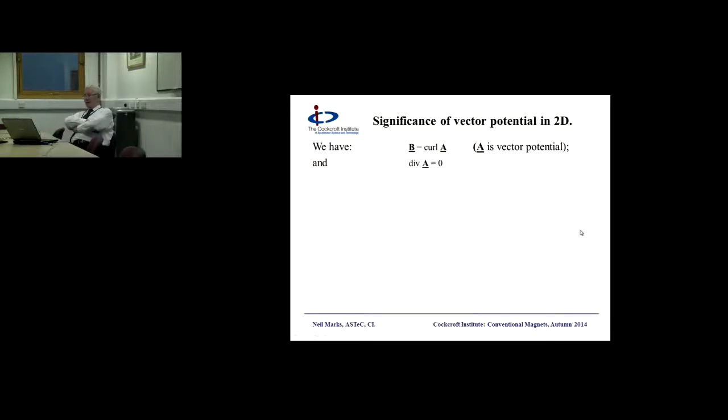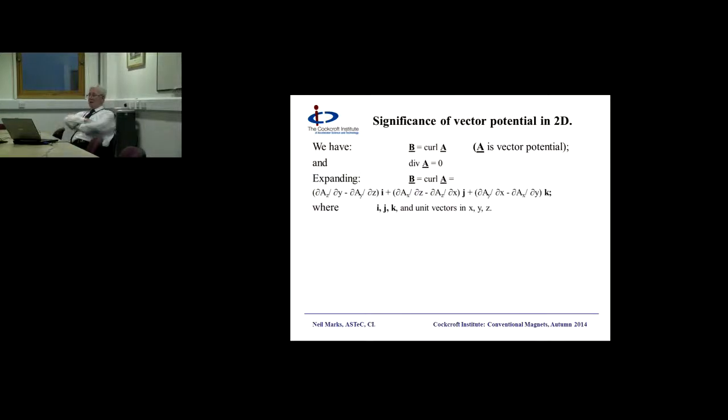I want to look briefly at what the vector potential means in these circumstances, and you'll all be acquainted with the fact that vector potential is defined by B equals the curl of A, where A is the vector potential, and also that the divergence of A has got to be 0.